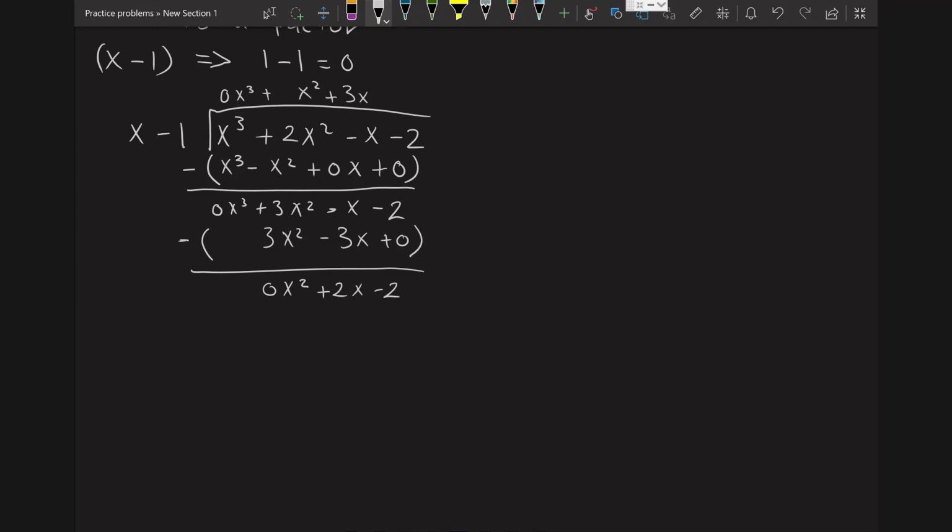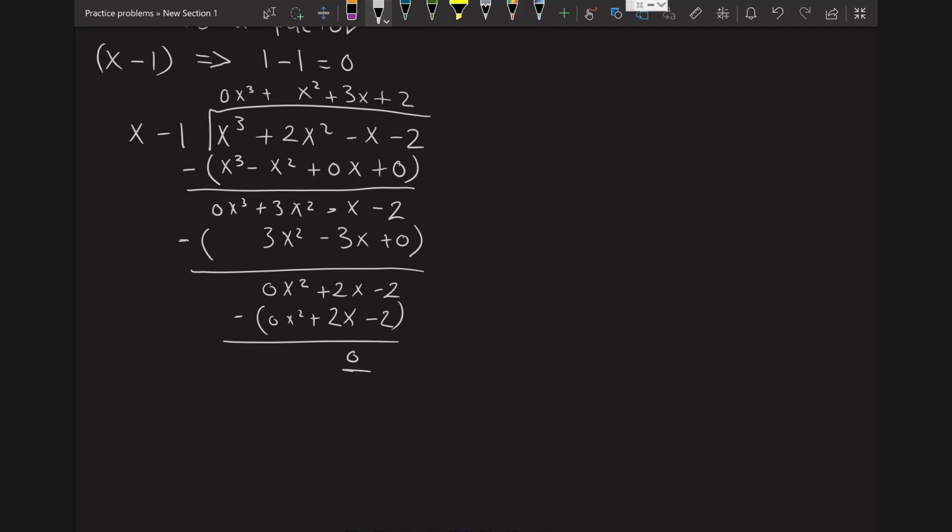Then you would do that one more time, so 2x divided by x is 2, so 2 times x is 2x, and then minus 2, and that will give you 0, and that's kind of what you're looking for.